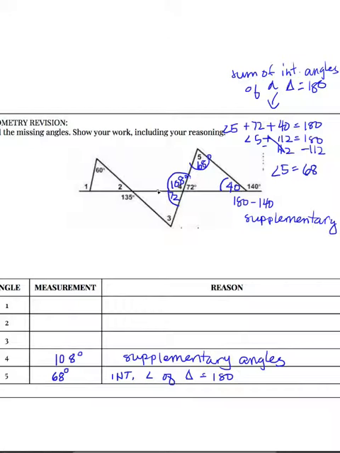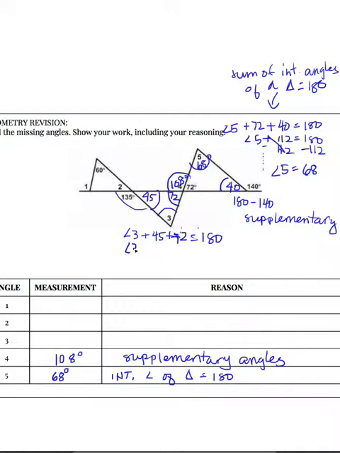Now I can calculate this one. This would be 45. Why? Because these two are supplementary angles and they total 180. So now I can calculate for angle 3. Angle 3 plus 45 plus 72 equals 180. Why? Because the sum of internal angles is 180.